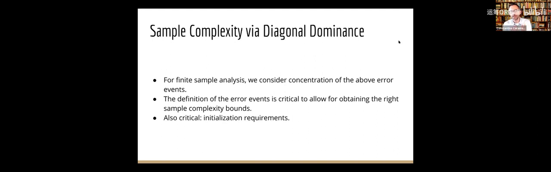But that by itself is not enough to tell us about the sample complexity of this overall problem. One difference between our work and prior work, and really one of the main reasons that we were able to get the information theoretic sample complexity compared to just polynomial sample complexity, is that it comes down to initialization requirements. Our analysis, which essentially is the picture that I just drew, is the idea.